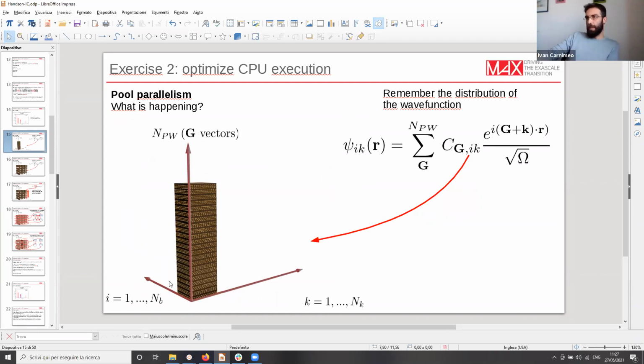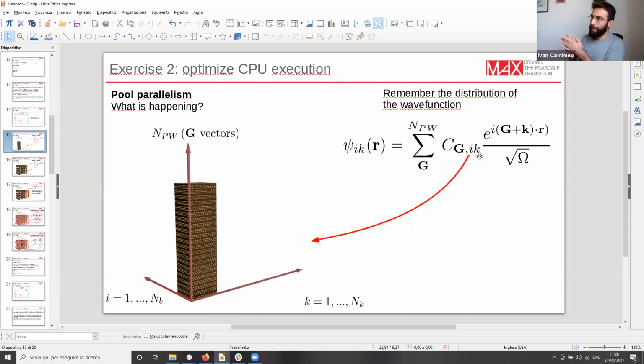Pietro already showed us that the wave function can be represented as a 3-dimensional matrix, because here we have our orbitals that are expanded in plane waves, and each plane wave has its own coefficient, and these coefficients have 3 indices. G is the plane wave vector, the index of the plane wave. I is the index of the Kohn-Sham state, and K is the index of the K points.